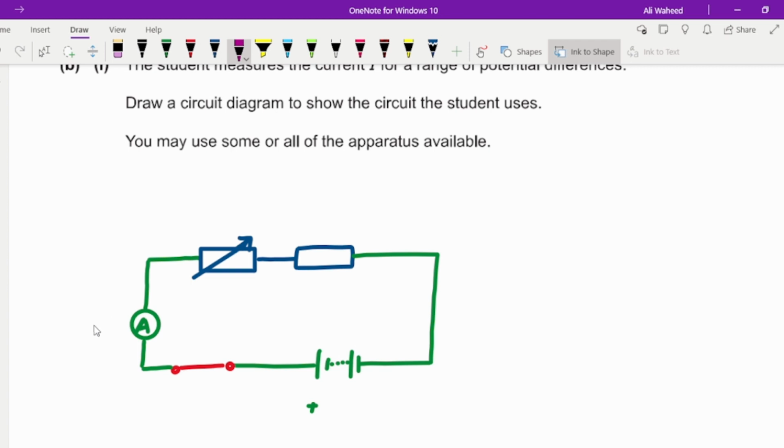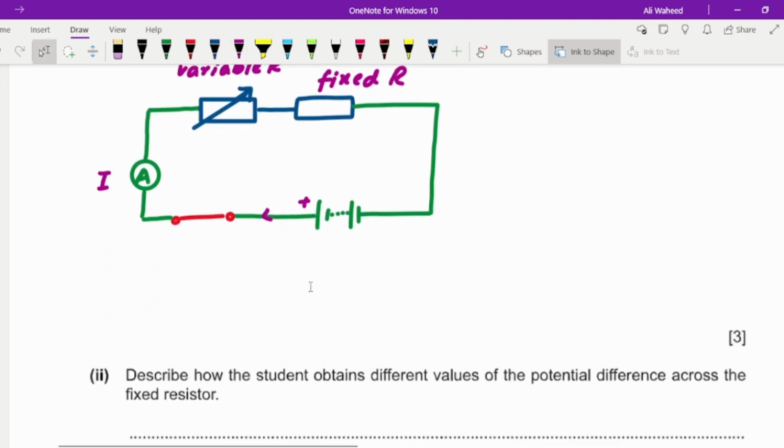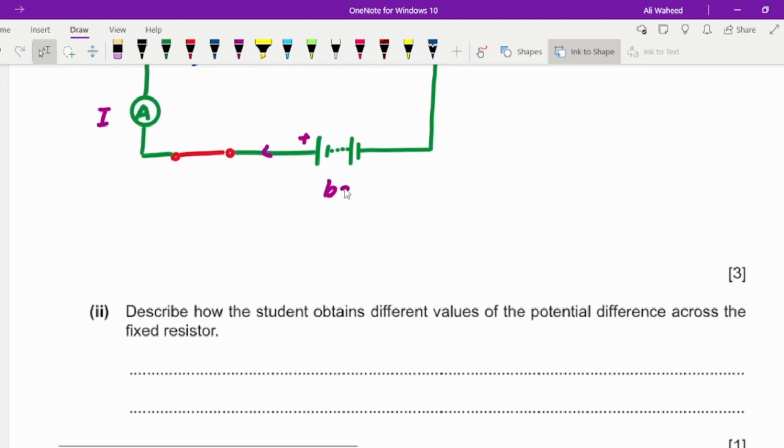So the value of current would be measured through the ammeter. So, variable resistor. This one is the fixed resistor. Then we have the battery. Here we have the switch. And here is the ammeter.